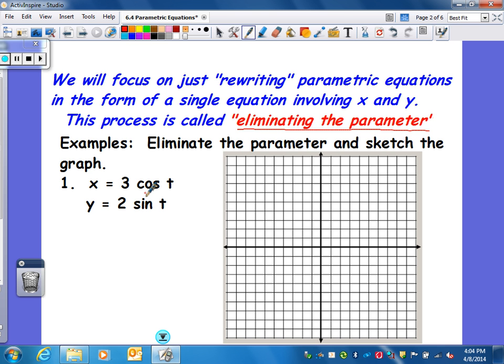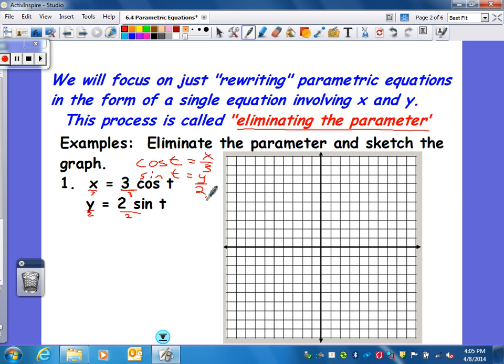So cosine t is going to be equal to x over 3. Now we want to get the sine t by itself. Same thing. So sine t is equal to y over 2.